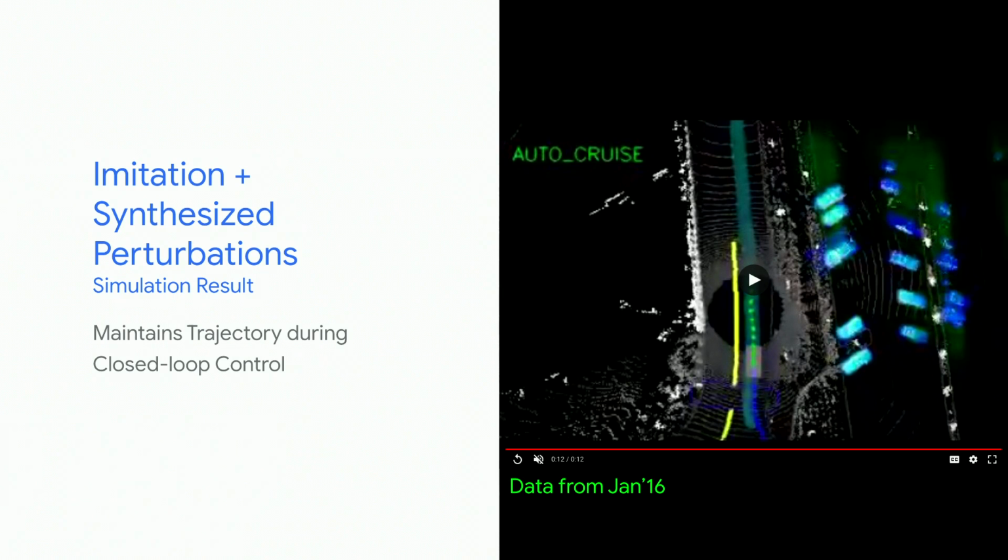It's able to issue small correction commands to actually keep it well aligned in the center of the lane. Now we have our imitation model, and it's able to perform lane following even over longer scenarios.